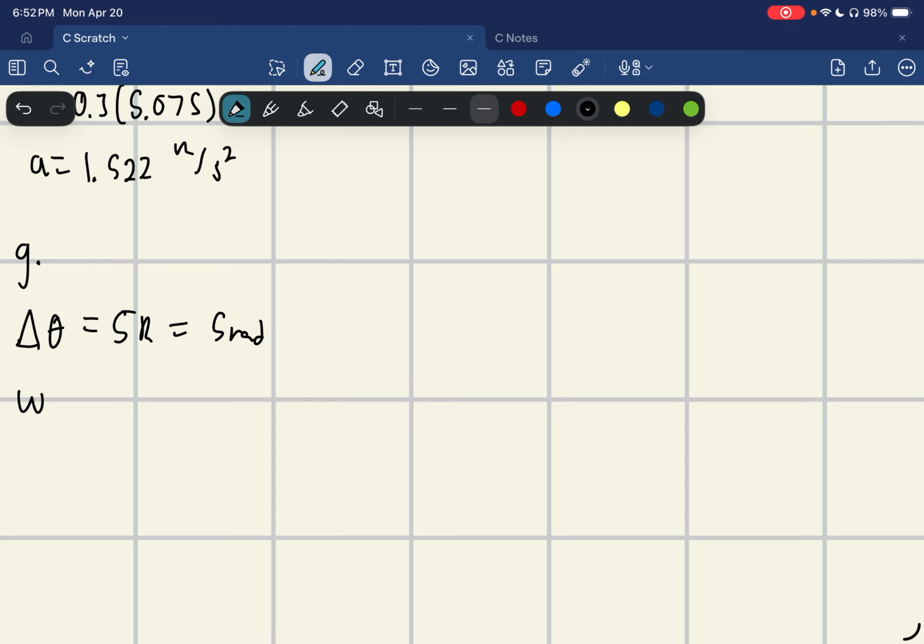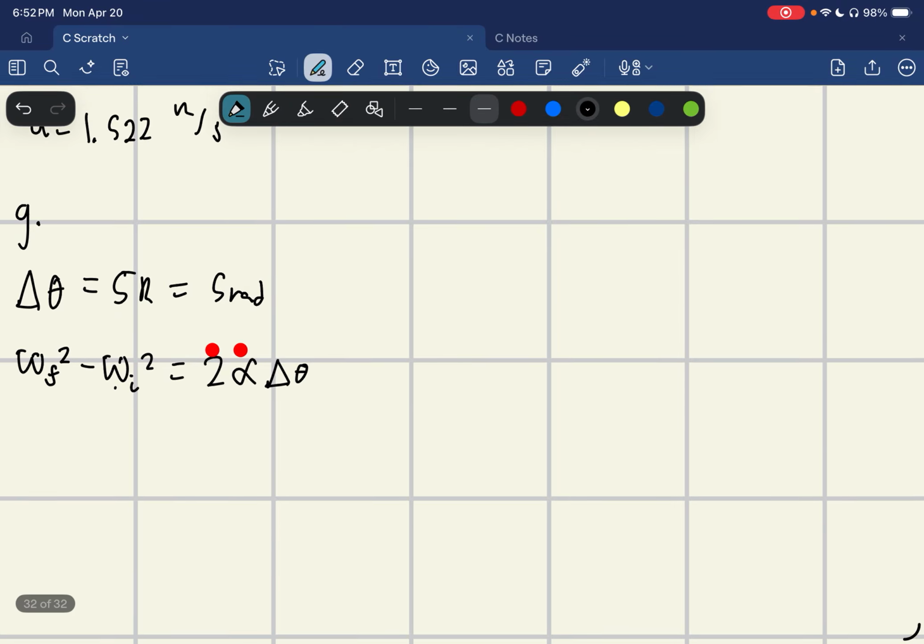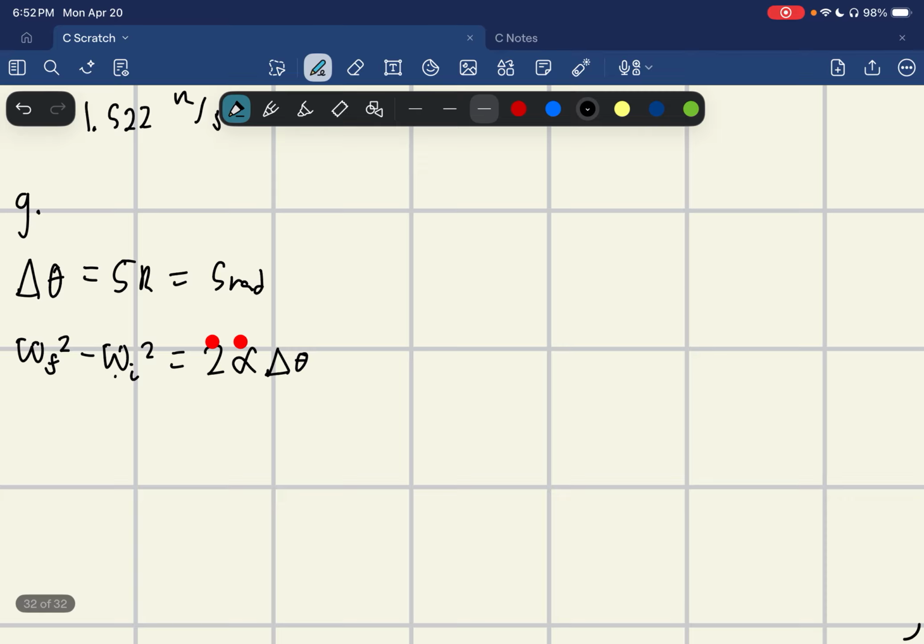So we know that the kinematic form is omega f squared minus omega i squared is equal to 2 alpha times your displacement. And here we're starting from rest, so we can ignore omega i. So we know that omega f squared is equal to 2 alpha times displacement.